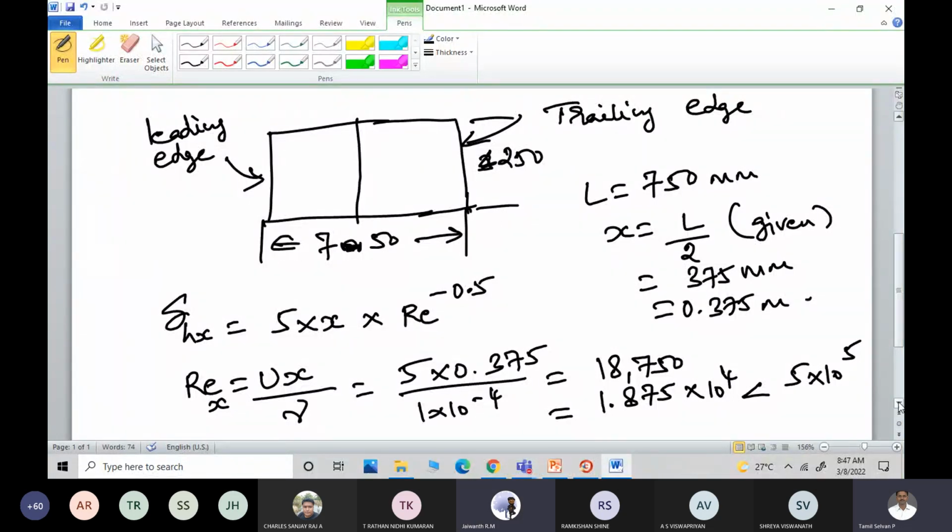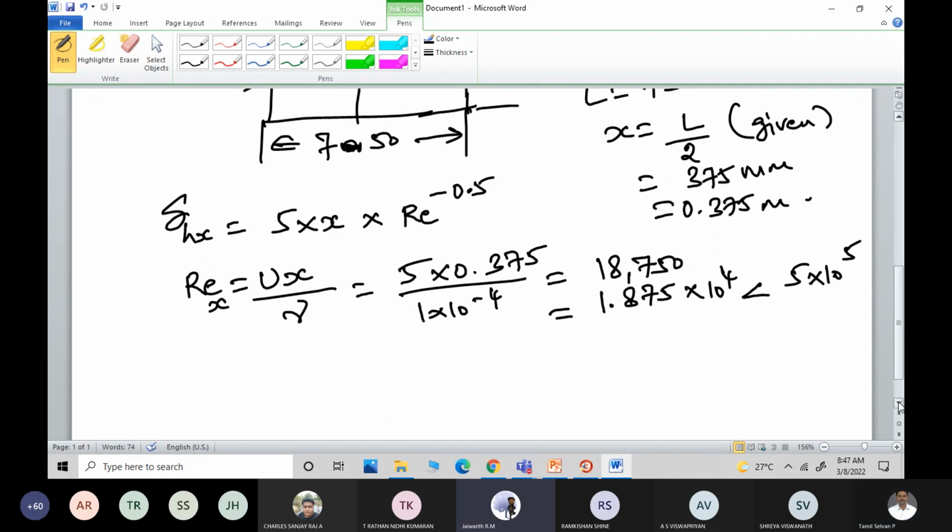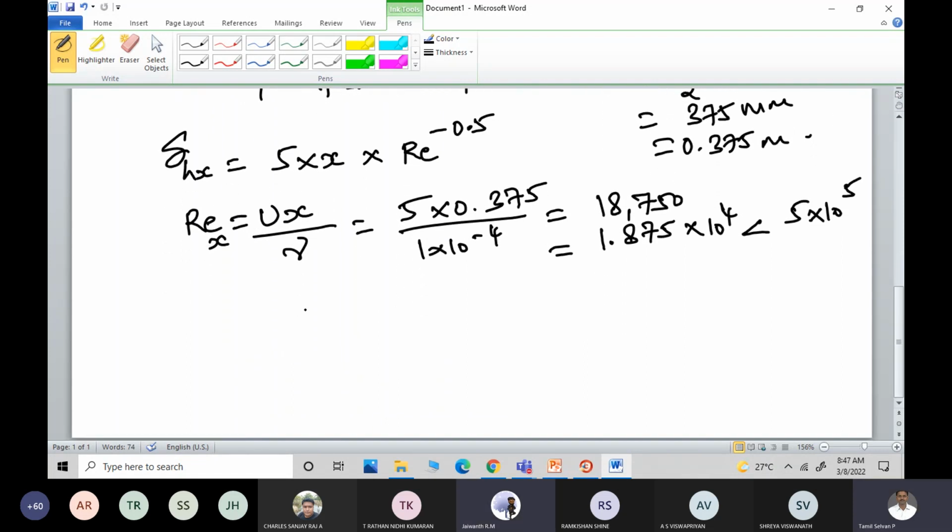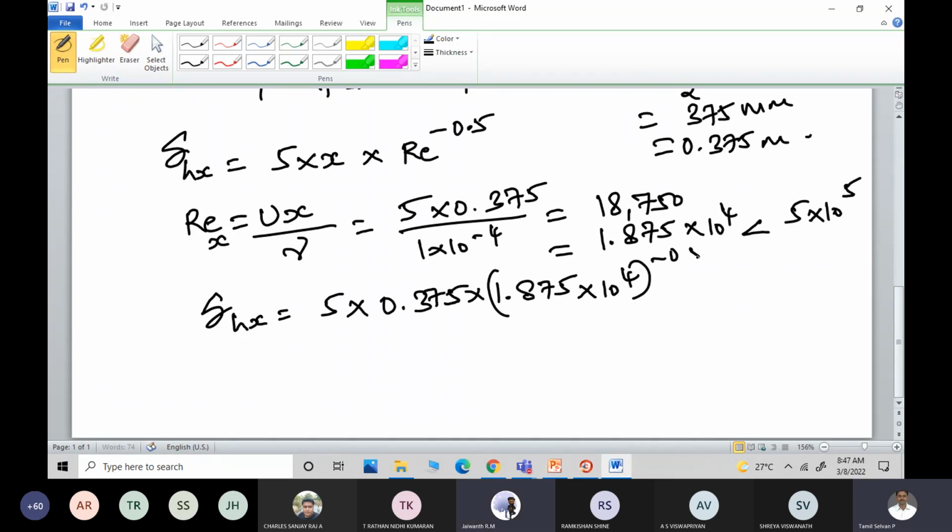Suppose you are asked to find out any other things, you can easily find them out. So, 1.875 into 10 power 4. Now find out del Hx. So 5 into the x value, 0.375, into 1.875 into 10 power 4 whole power minus 0.5.